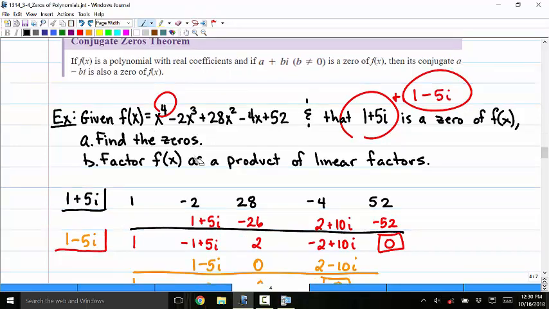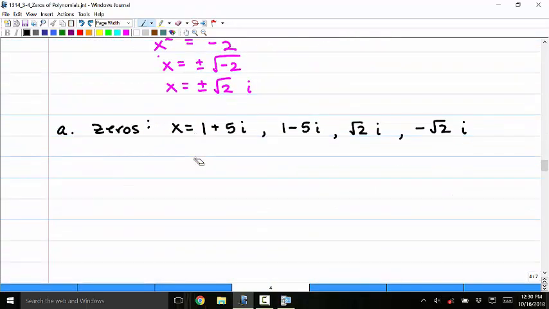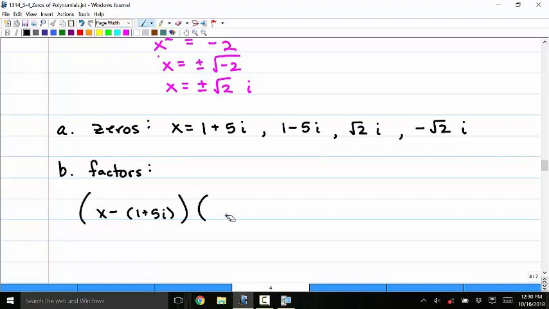Okay, part B says to factor it as a product of linear factors. What are the four factors? They're going to be x minus 1 plus 5i. What else? X minus 1 minus 5i.